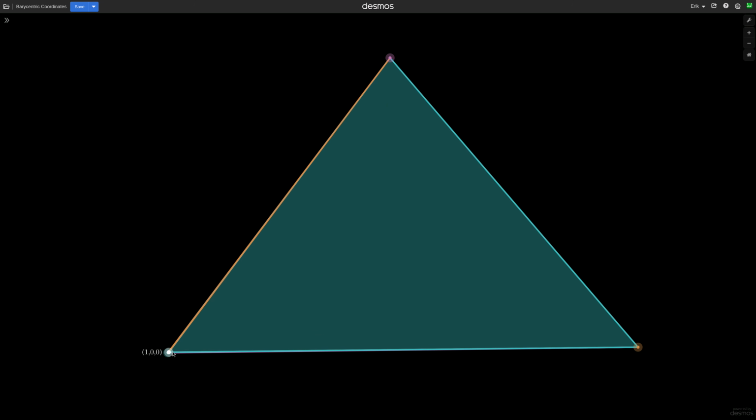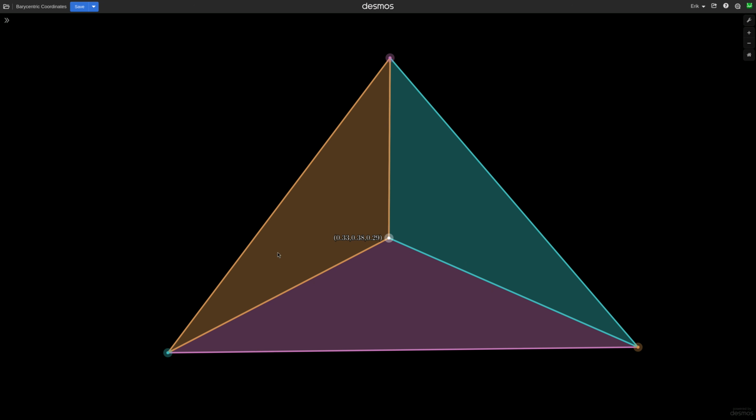And they have the property that when you're on a corner, we have a 1 and zeros in the other positions. So this one's 1, 0, 0, this one's 0, 1, 0, and this one's 0, 0, 1. And then on the inside, we can use these to do a weighted sum of the colors on the three corners.